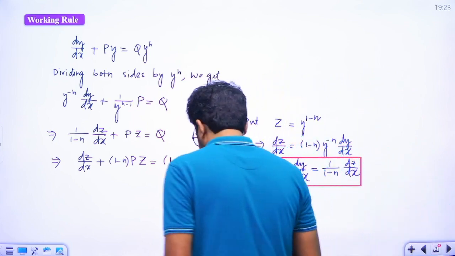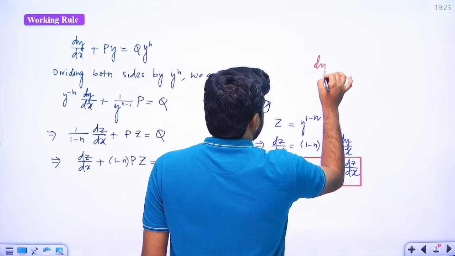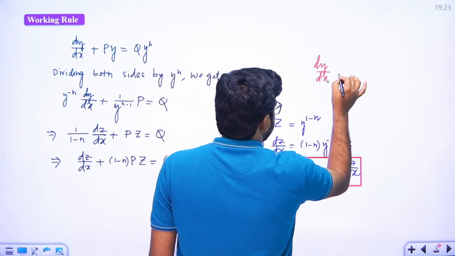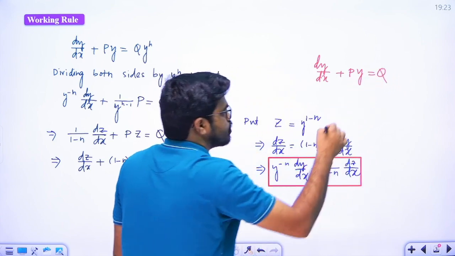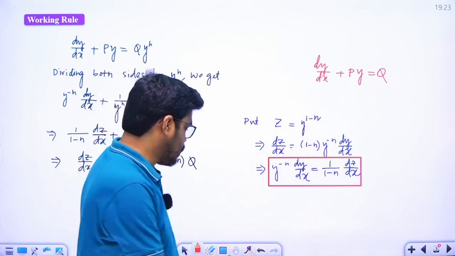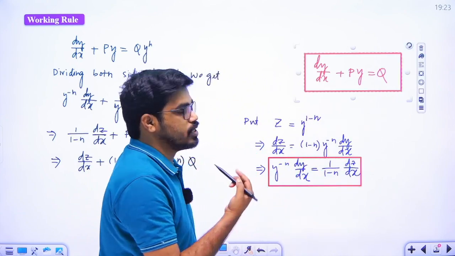Just recall the linear equation. What is a linear equation? Linear in y is dy/dx plus Py equals Q. So this is called linear in y.